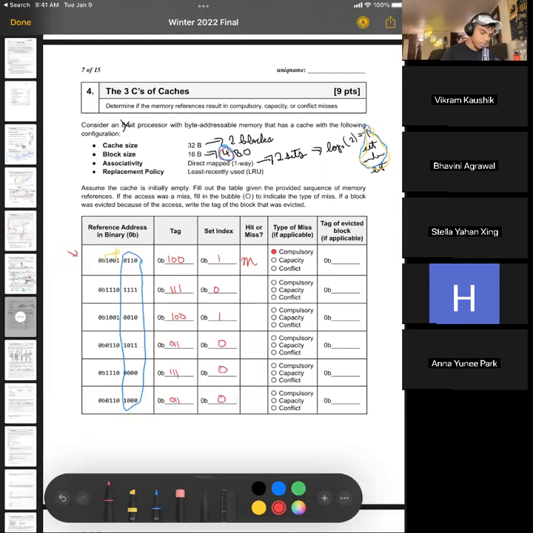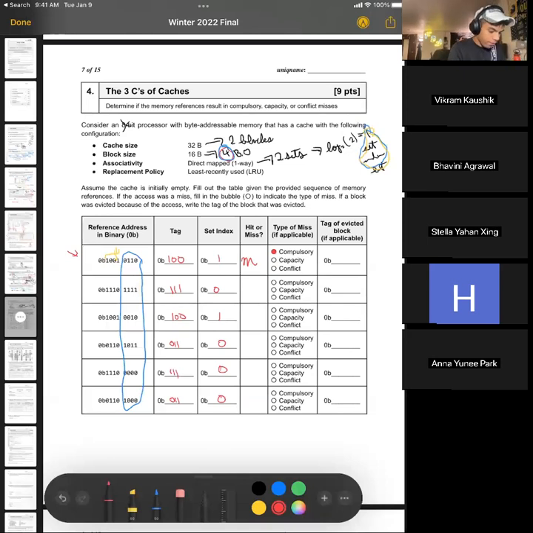The last type is conflict misses, which are misses that occur because my associativity was not fully associative. In other words, if we assumed the cache was fully associative, and under that configuration we would not have had a miss, then this is considered a conflict miss.